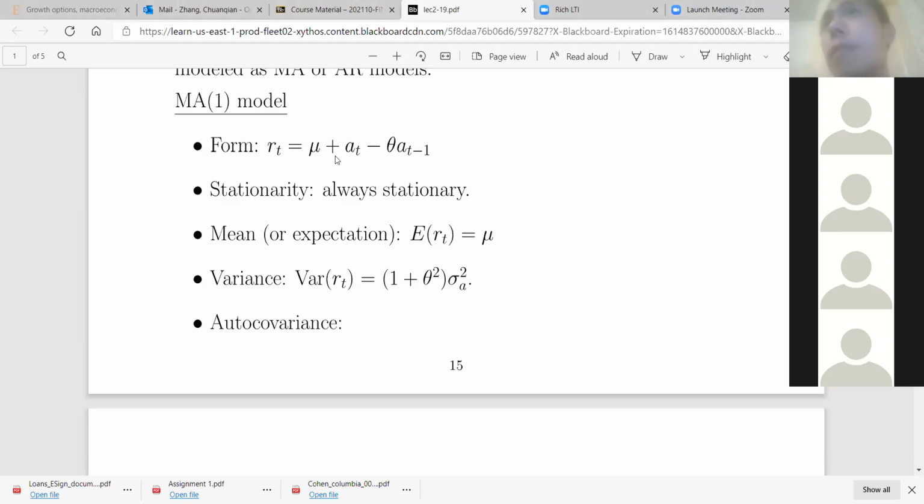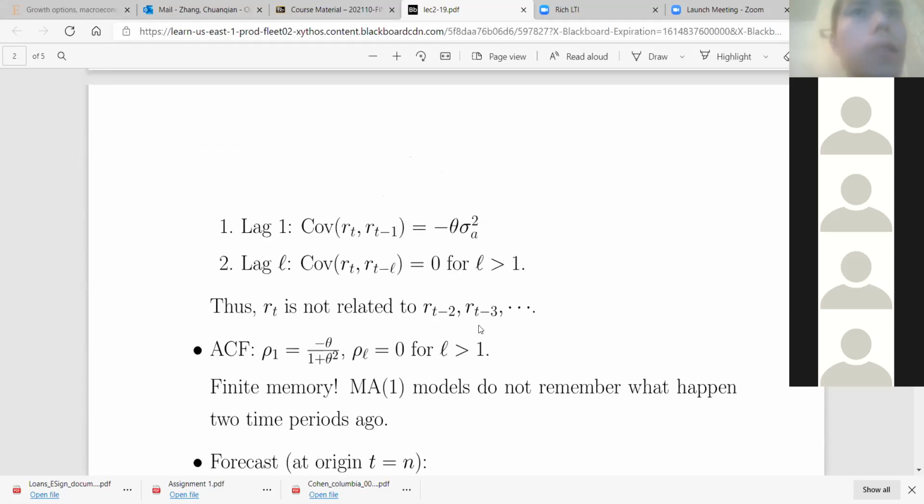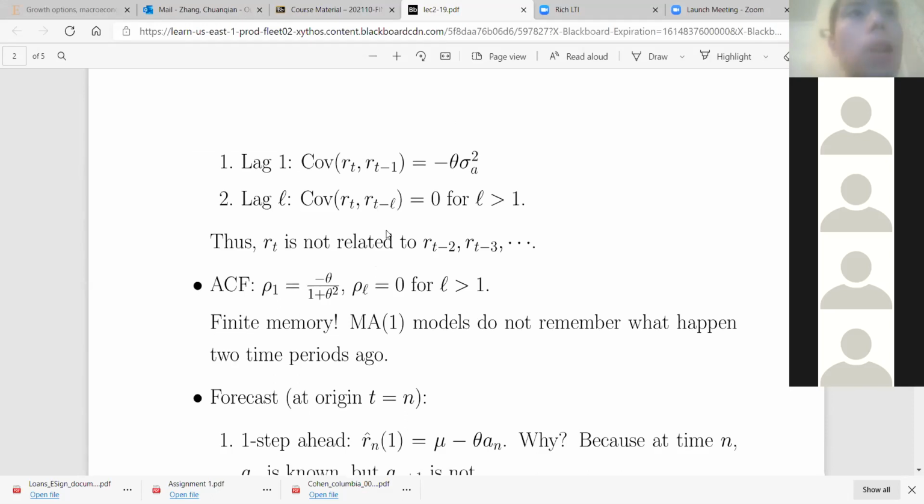A constant does not impact it, because adding a constant to every data observation does not change the variation. So you simply drop the mu, and you're left with a_t minus theta a_(t-1), and it goes to this format. I just give you a hint on the direction if you really want to derive it yourselves. Autocovariance, again, is another property.